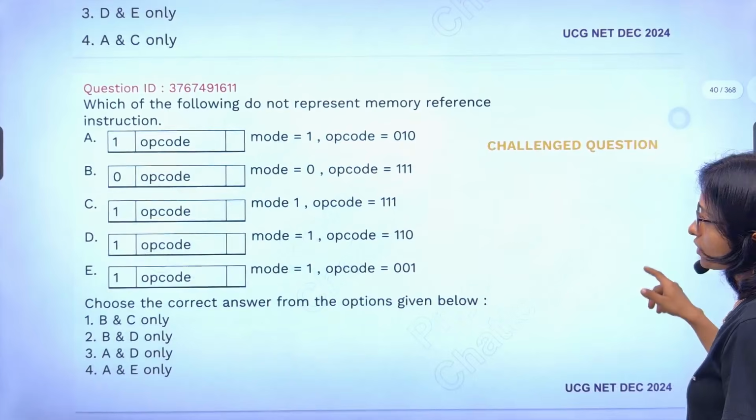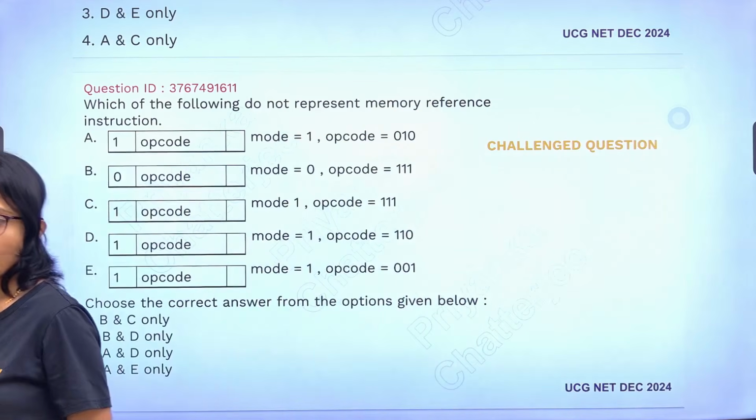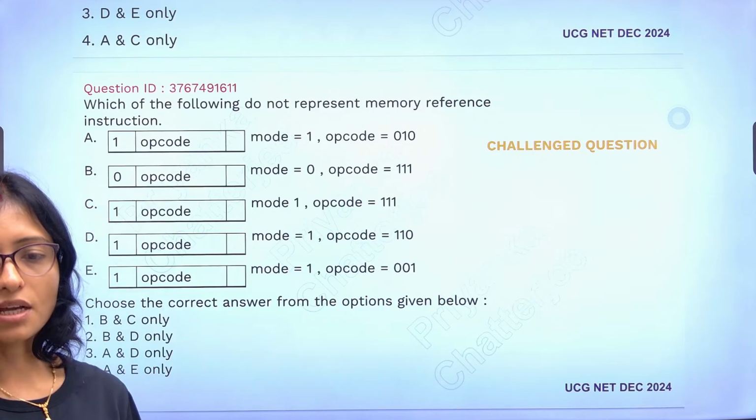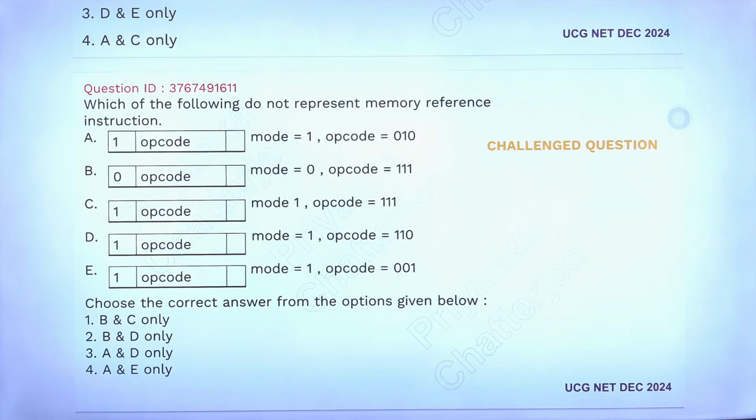Now see this question. It was also a challenge question, but as per your understanding you can give me the answer, and after that I will explain it. Choose the most probable one; you can give the priority.